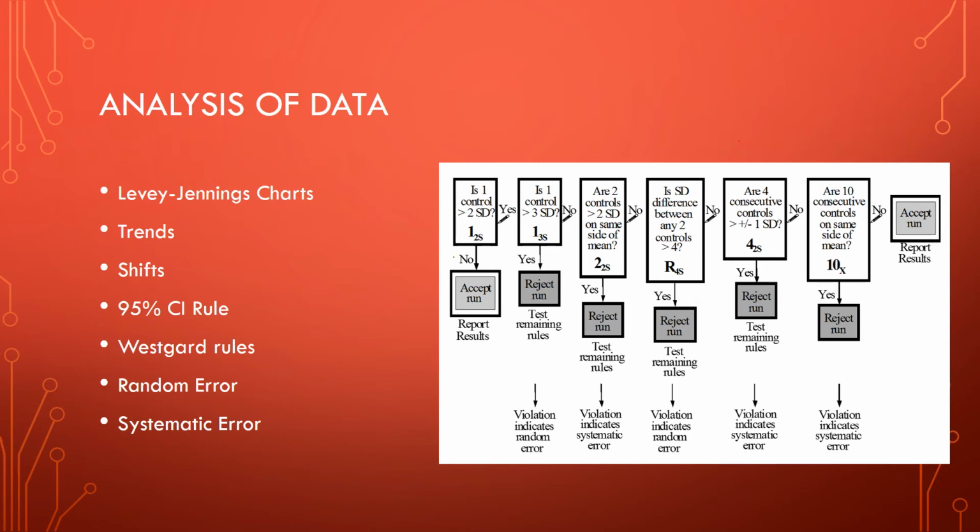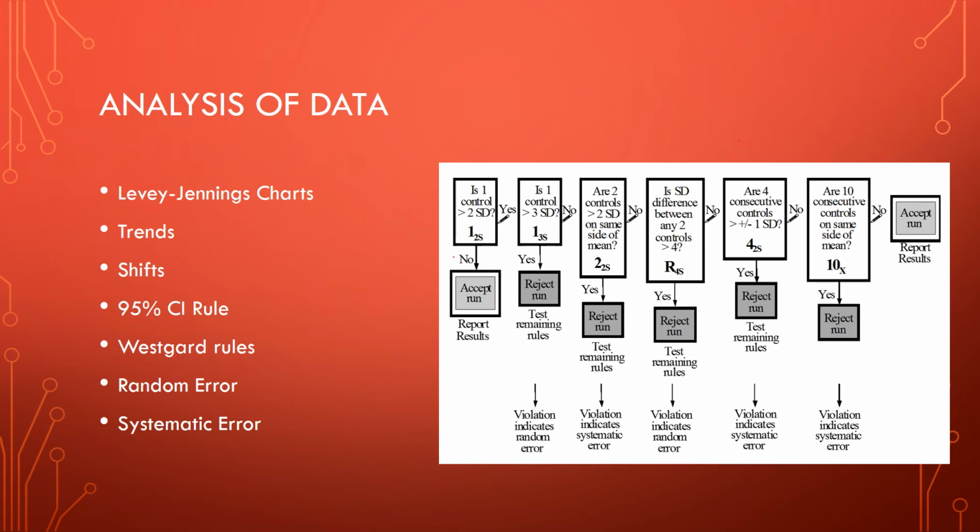No big deal. If, however, it's greater than 2 standard deviations, you start moving down this line here, and you try and see which things you have to do before you report the results on this run. And remember, this is going to apply to each one of your controls that you run, not just one of them.